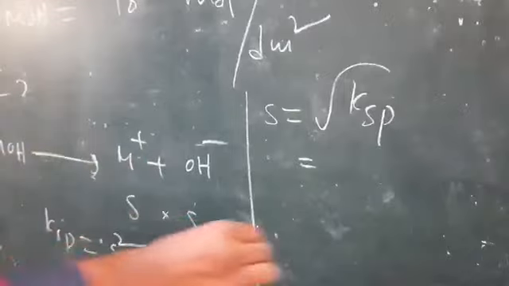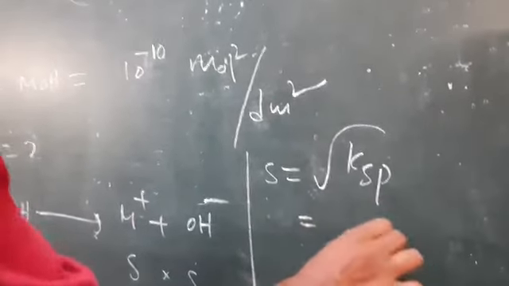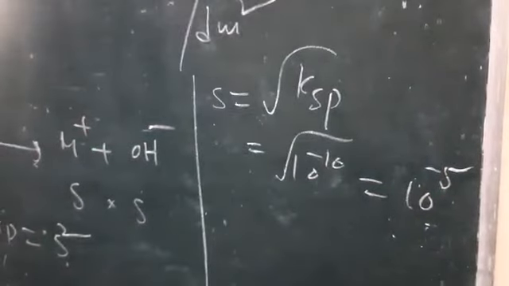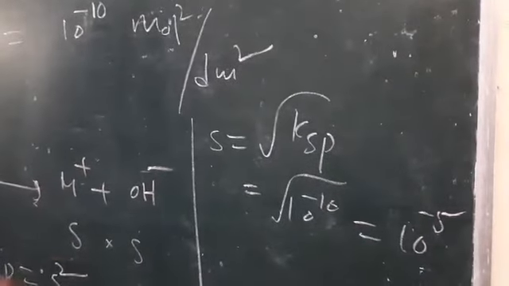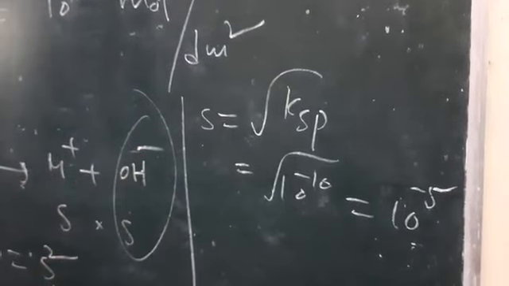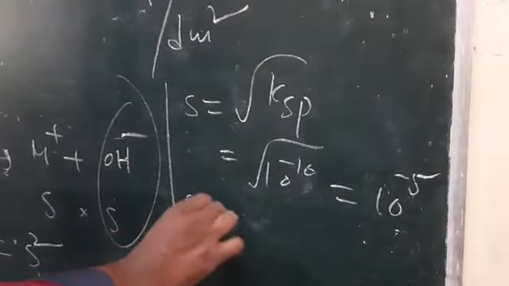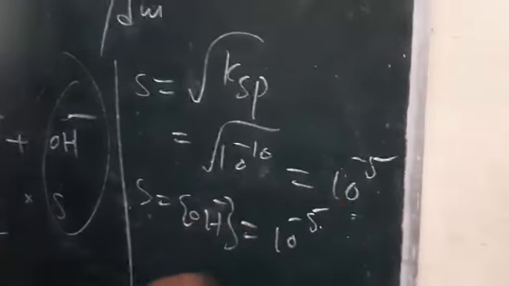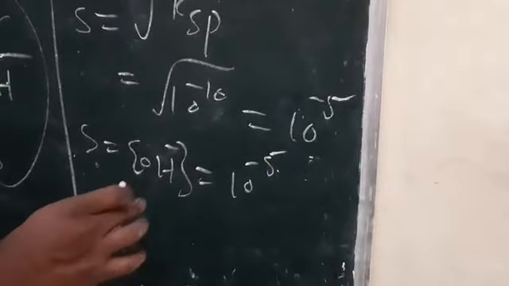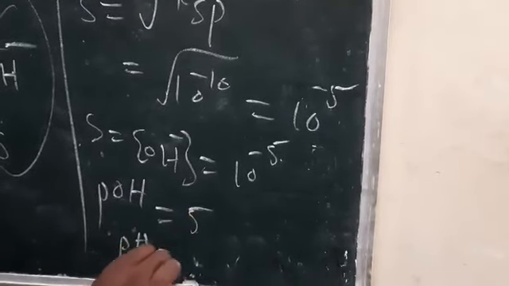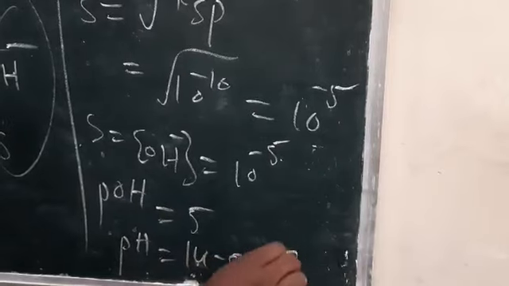Ksp is 10 power minus 10, under root, gives 10 power minus 5. So S equals 10 power minus 5. This is the base, so S is the OH minus ion concentration, equal to 10 power minus 5. Then pOH equals 5, and pH equals 14 minus 5 equal to 9.